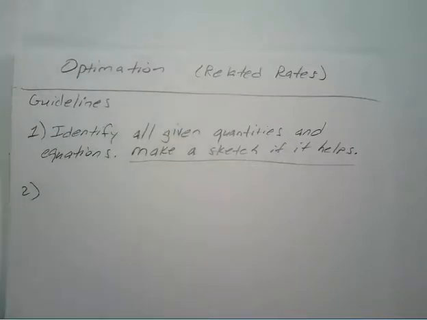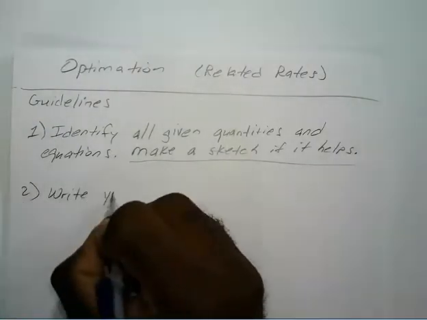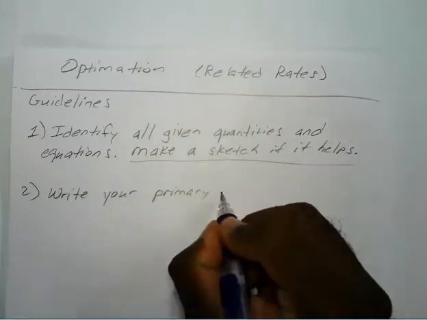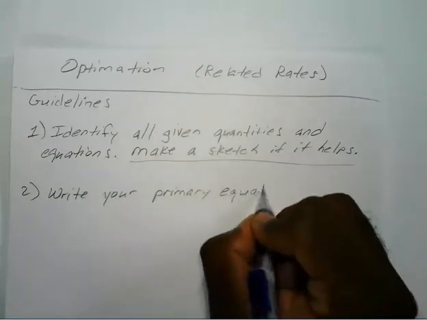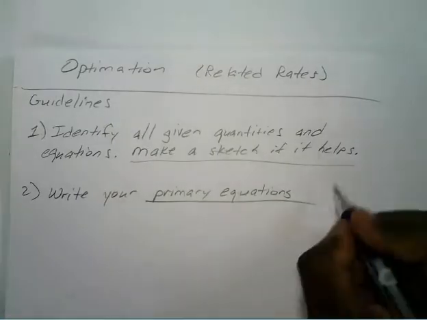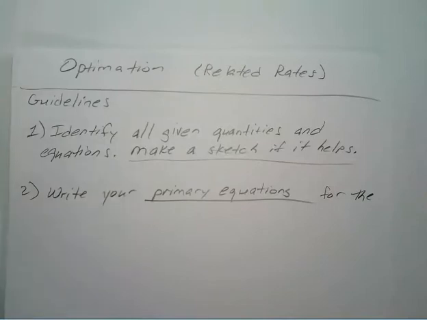Step two, you want to write your primary equations for the quantity to be maximized, minimized, or the rate of change solved.